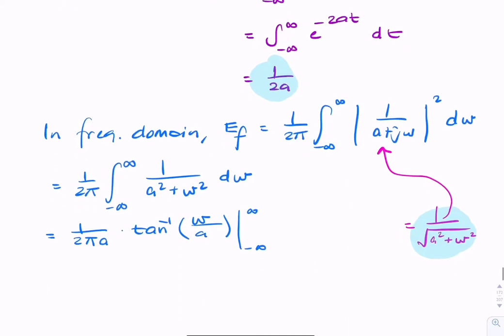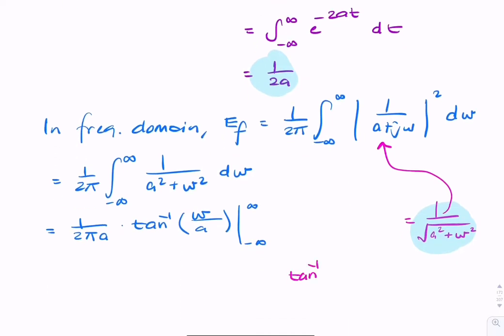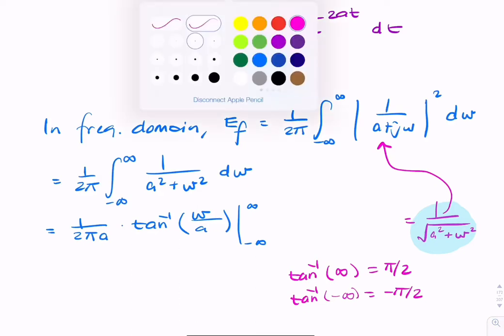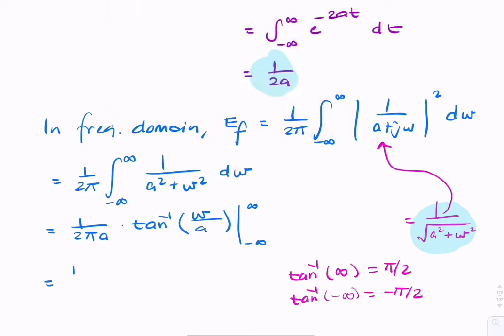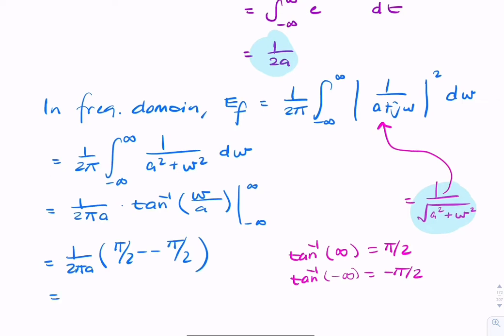Remember that the tan inverse of infinity is pi over 2, and the tan inverse of minus infinity is minus pi over 2. Your calculator won't give you these values. So we can plug those in, and we get 1 over a times pi over 2 minus minus pi over 2, which simplifies to 1 over 2a.